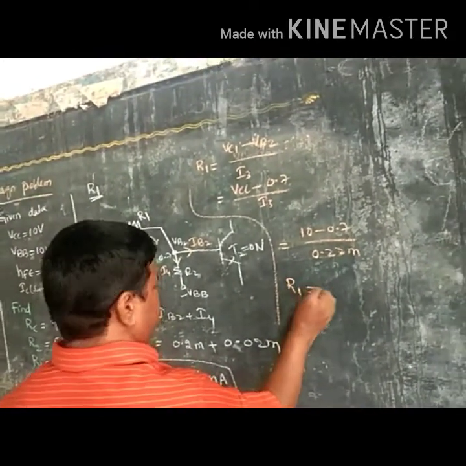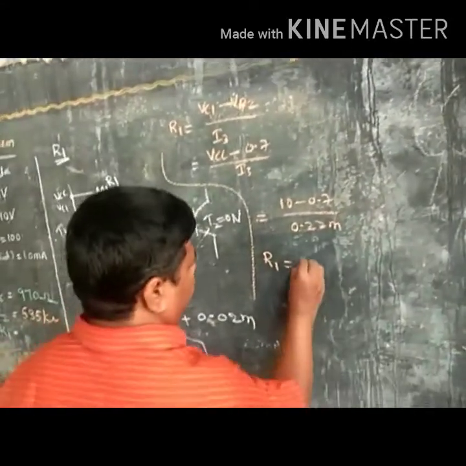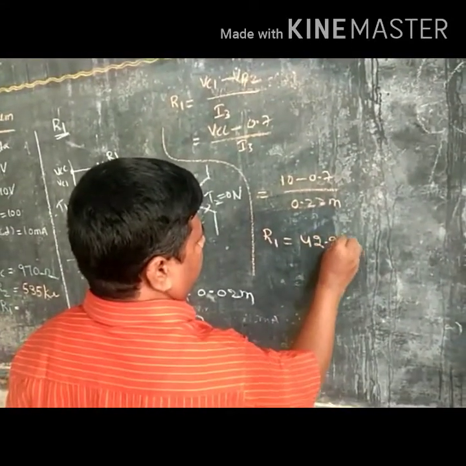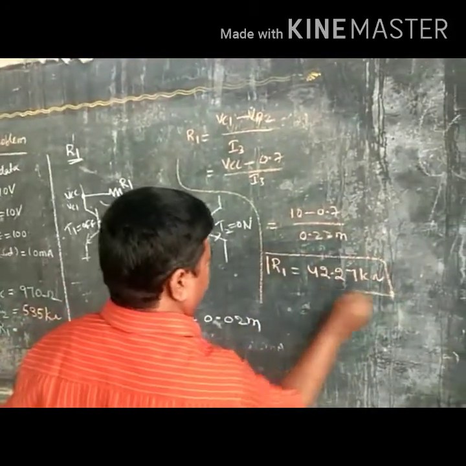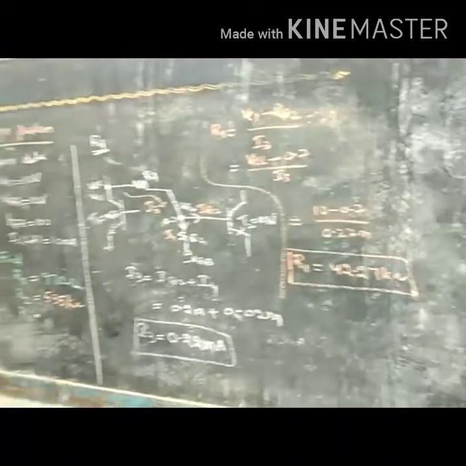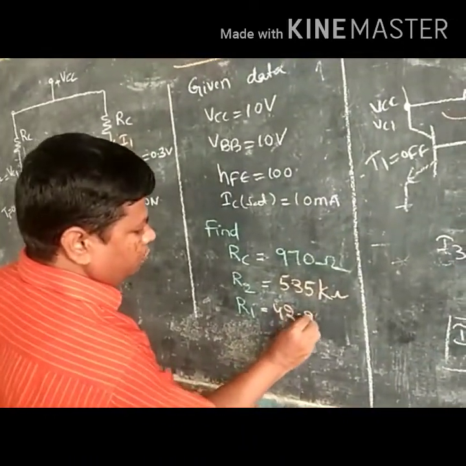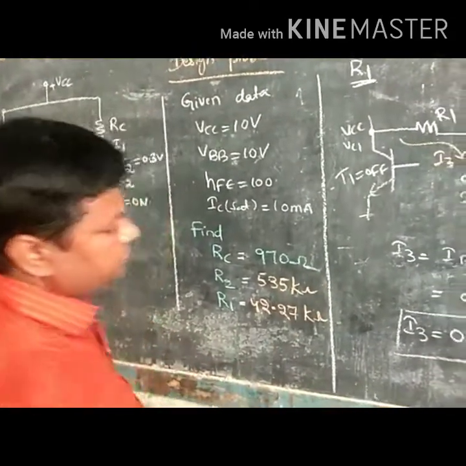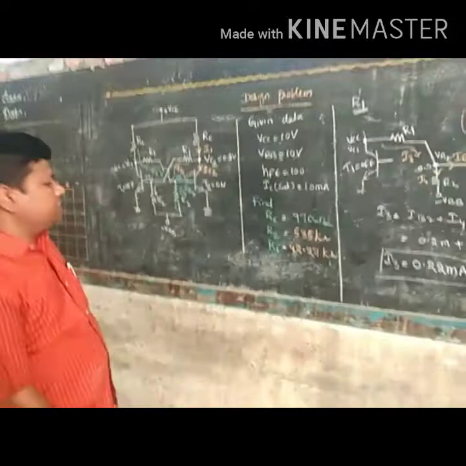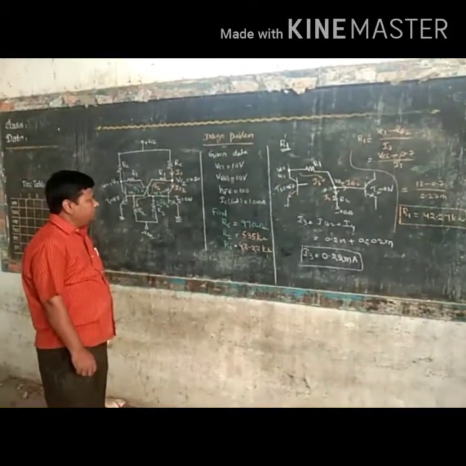Then R1 is equal to 42.27 K. So R1 is equal to 42.27 kilo ohms. This is the procedure for calculating the resistor values.